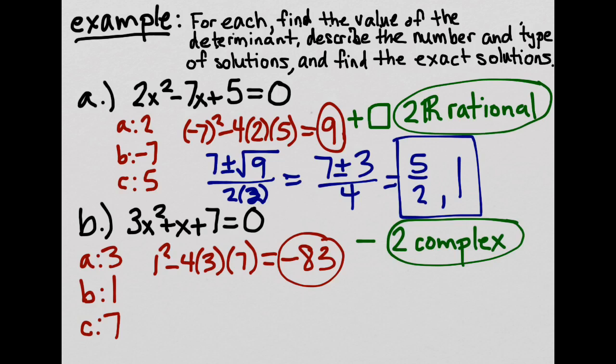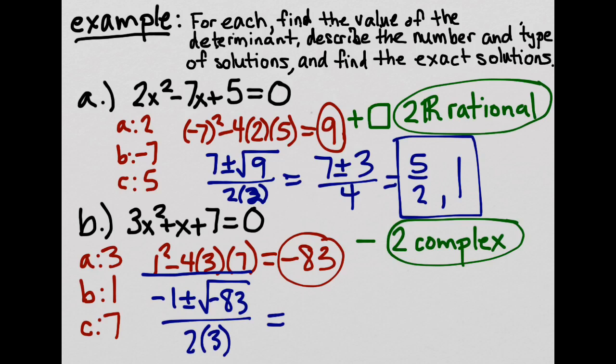So we're going to get 2 complex answers, and then let's go ahead and plug it into the rest of the formula. So negative b plus or minus the square root of b squared minus 4ac, which we got was negative 83, all over 2a, which this time a is 3. So that's negative 1 plus or minus.